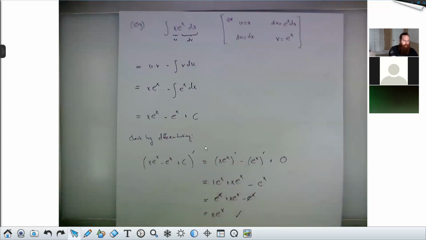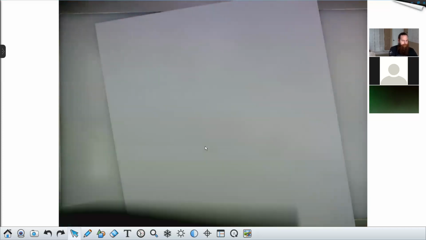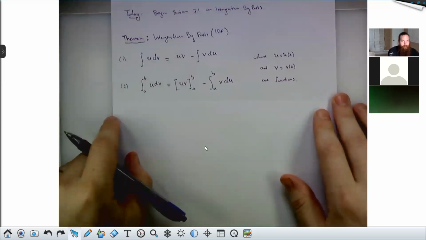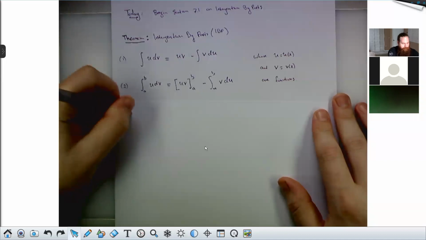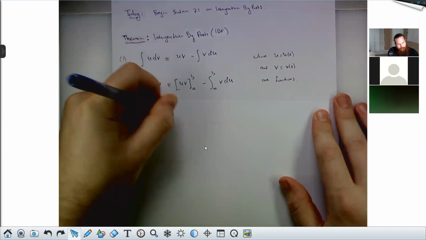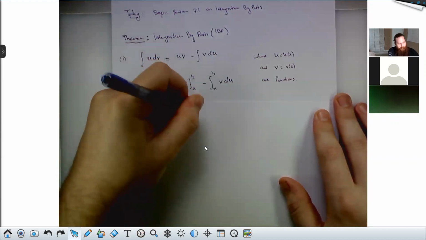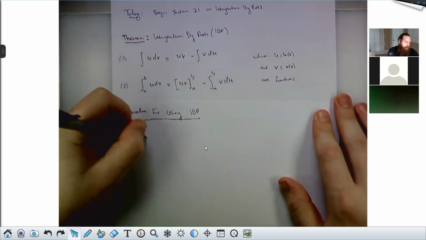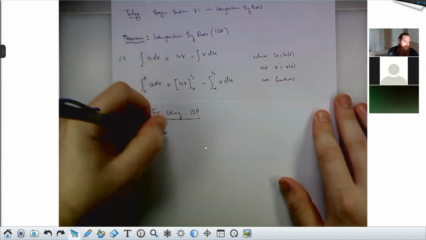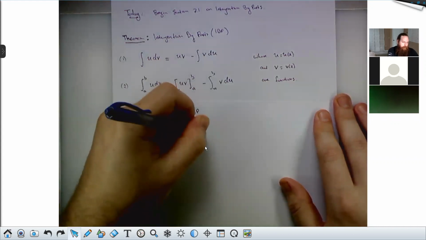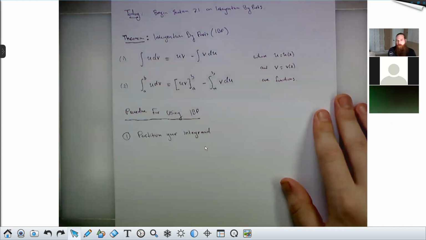So let me outline the procedure. First, you have to partition your integrand. The integrand is the thing you're integrating, right? It's the function in the integral.